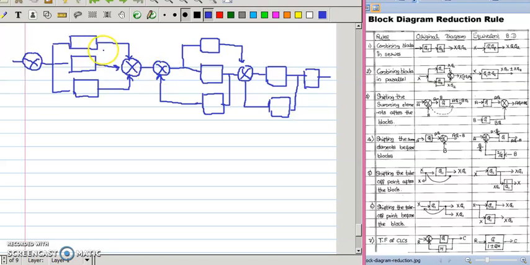See, this is the G1 block, G2 block, G3 block, right? This is the G4, this is the G5, and this is the H1, right? This is the G6, and this is the H2, and the last one is G7.